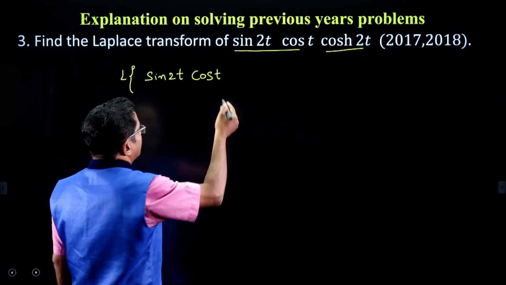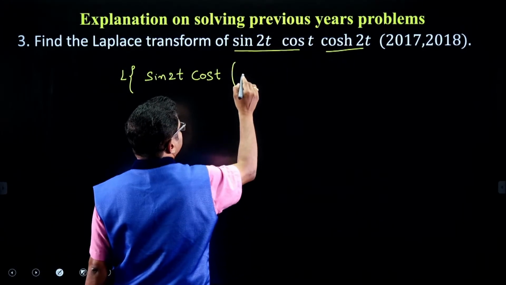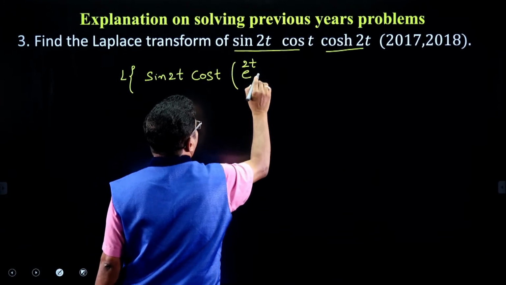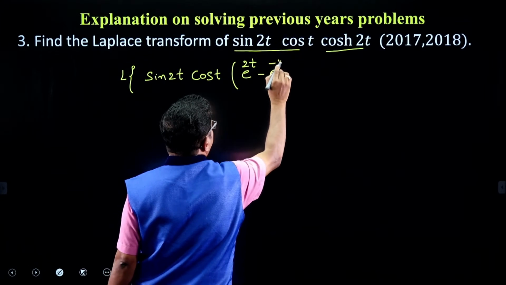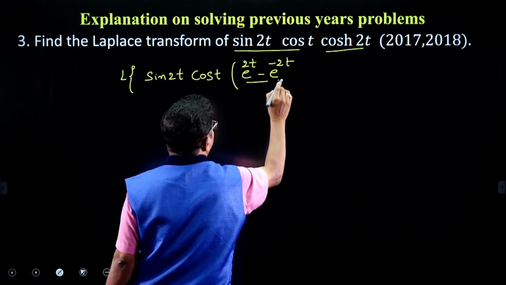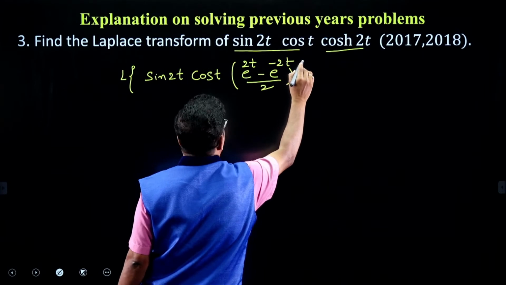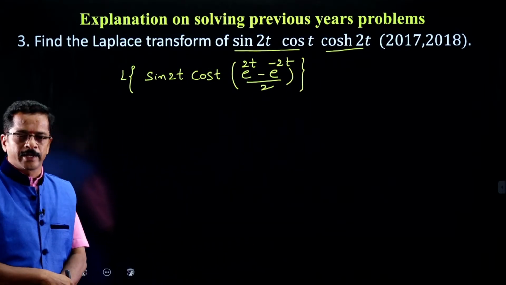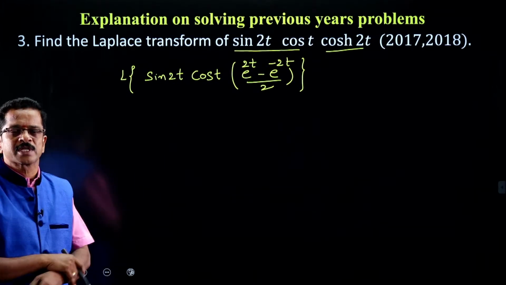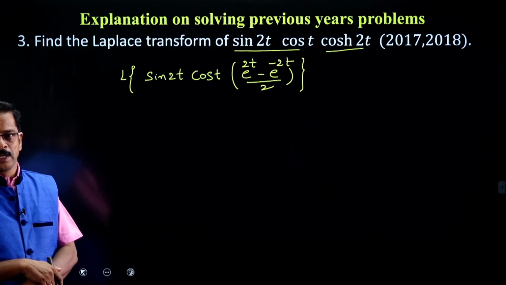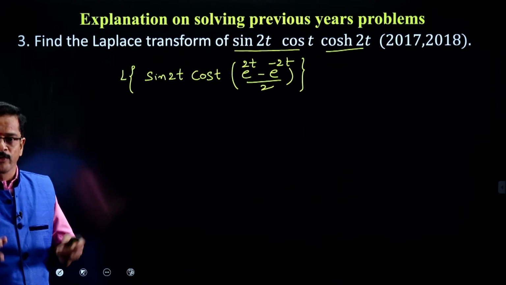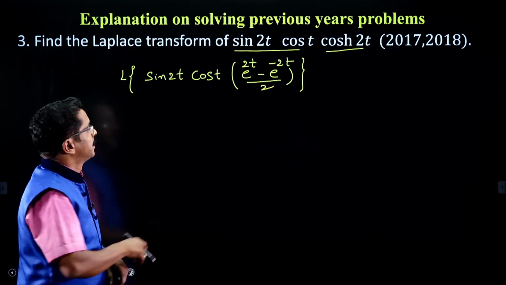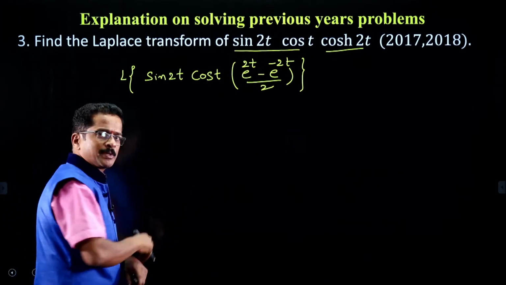We already had an idea about hyperbolic functions. Cos h 2t is e power 2t plus e power minus 2t by 2. I converted hyperbolic functions into exponential. And one more thing you need to convert is that here trigonometric functions are under multiplication.